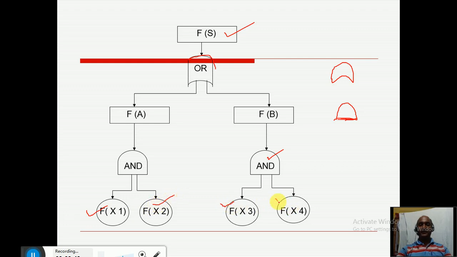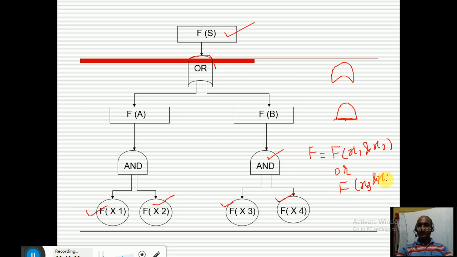Basic faults. Okay. Now we have to finally write down the equation for failure. So failure must be equal to failure of x1 and x2, right? Or failure of x3 and x4.